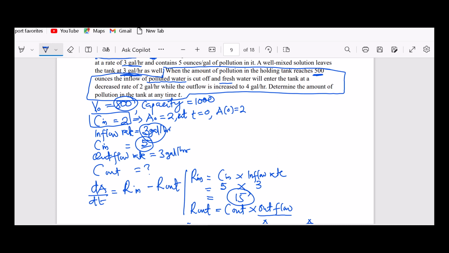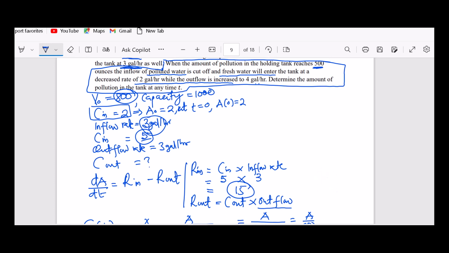Fresh water enters the tank at a decreased rate of this, while the outflow is increased to this. So the inflow is this, the outflow is this. But remember, it is fresh water, so the concentration in this fresh water is 0 because there is nothing inside.